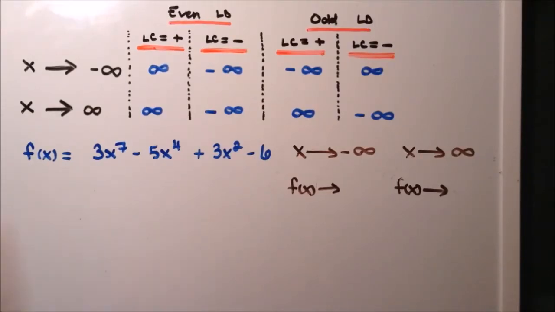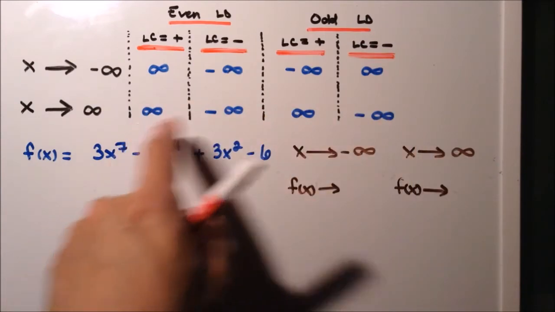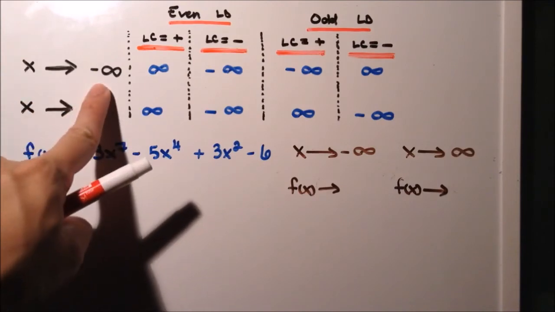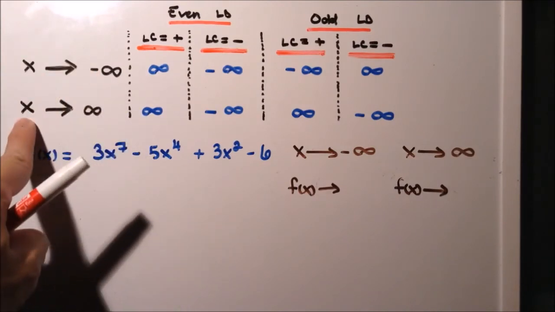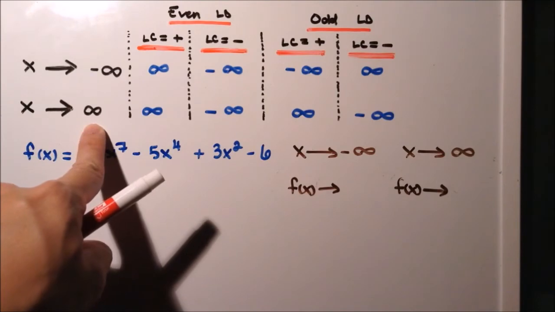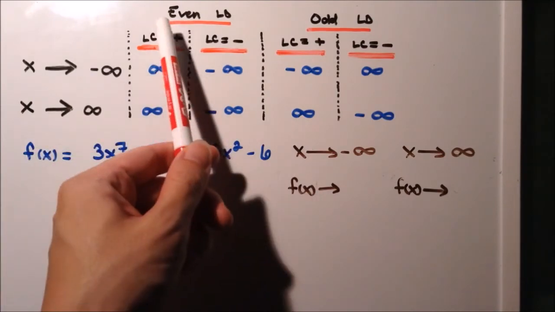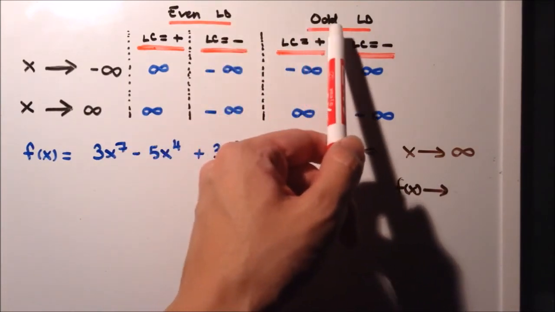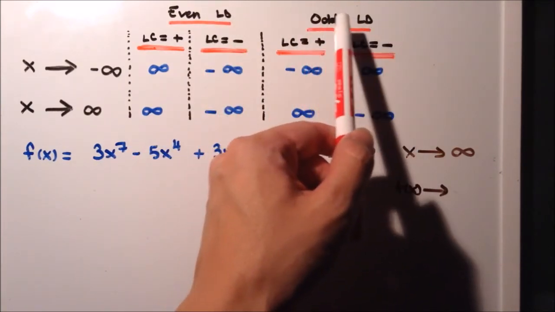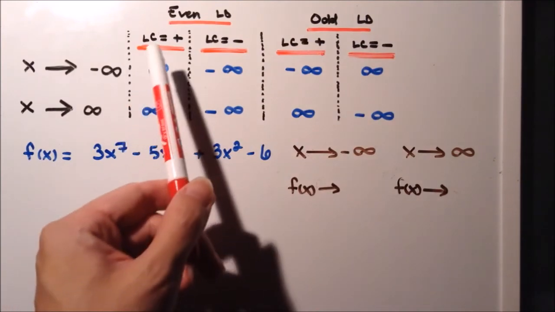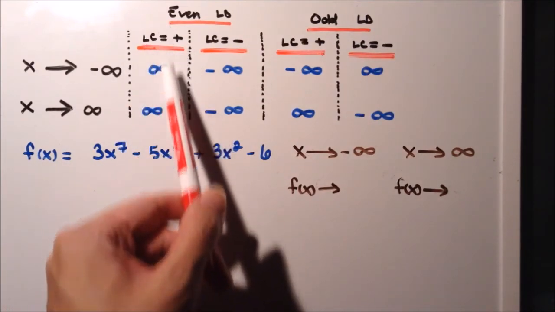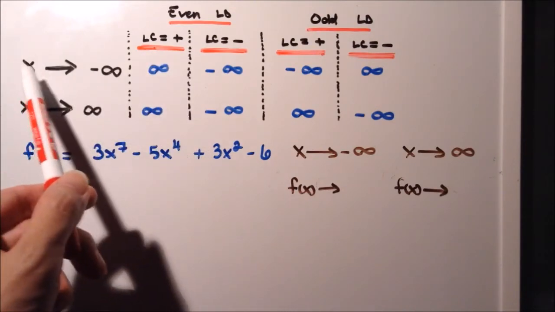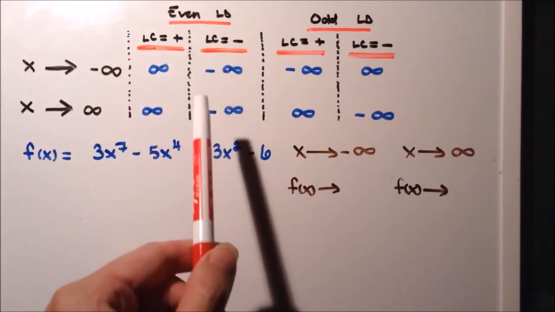Okay, here I made a chart of the end behaviors for when x approaches negative infinity, which is the left side, and x approaches infinity, which is the right side. Here it says even leading degree, the highest exponent, and here is the odd leading degree, the odd highest exponent. Depending on the leading coefficient, if it's positive, these should be the end behavior for the left side and the right side for an even function.